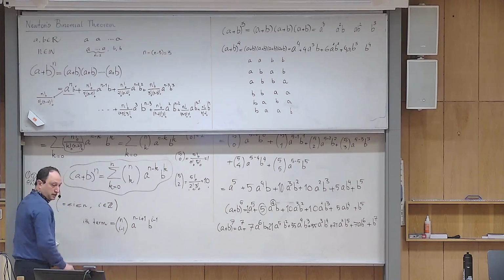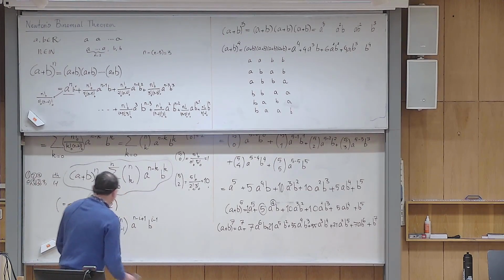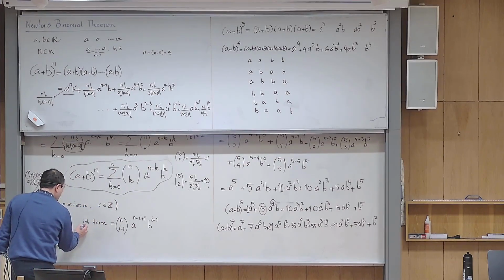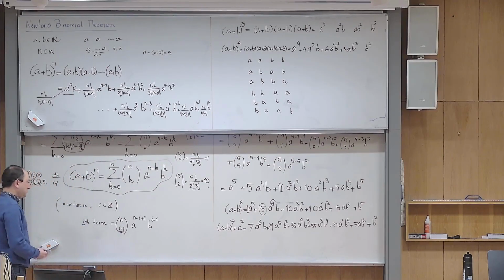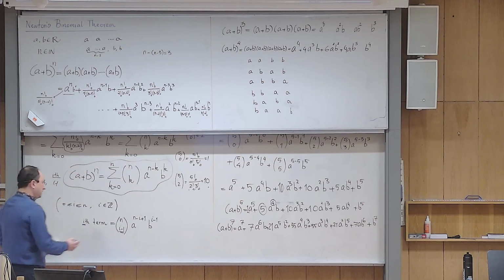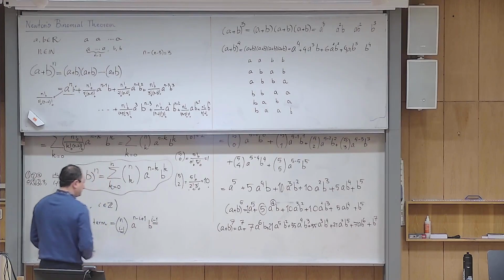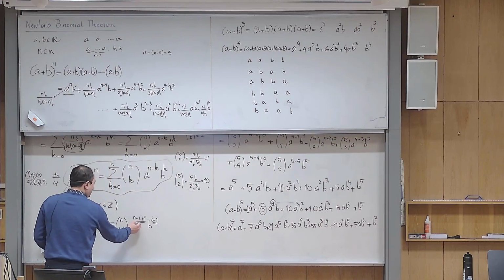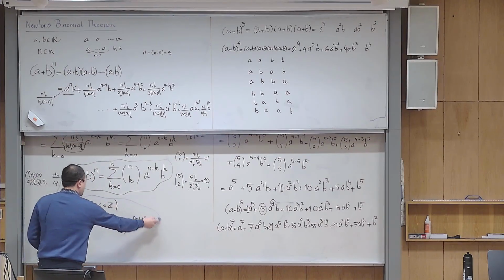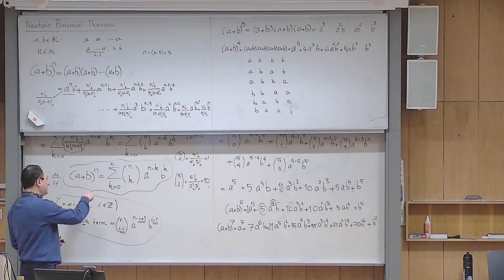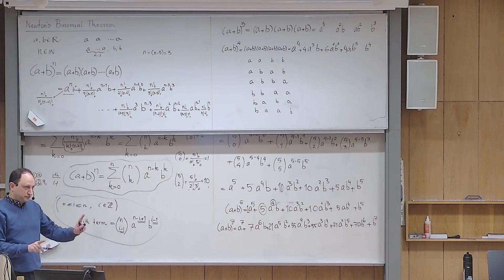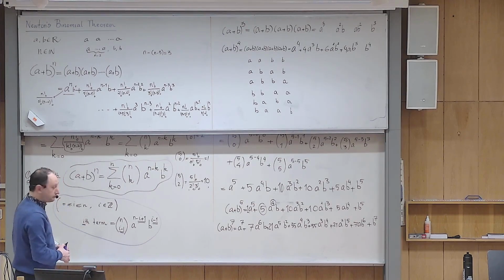Let me emphasize what I mean. This is the ith term, but remember, this is i minus 1, and this is also i minus 1. It's not hard to understand, but sometimes you get confused. You think that when I put k equals 1, I get the first one. This is not the case.